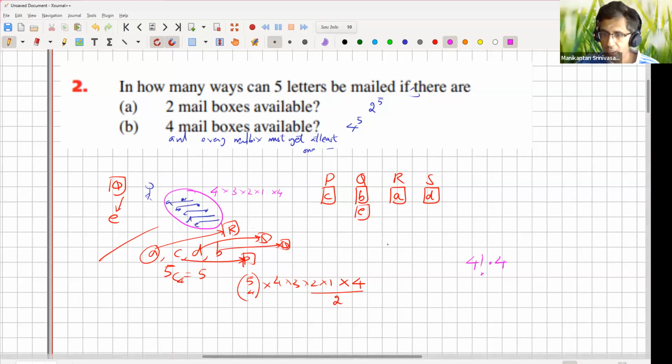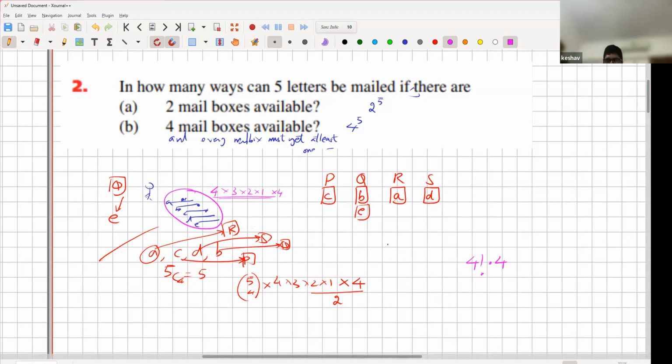Okay, all right. Let both answers be there. So the only difference, first of all, is the divide by 2 is not there in your case, right? You're not dividing by 2. That's for sure, right? Because in your example, E is finally going to land up in one of the boxes which already has a letter.